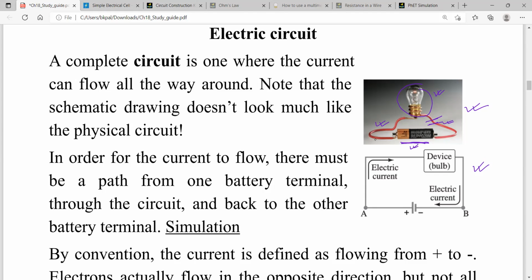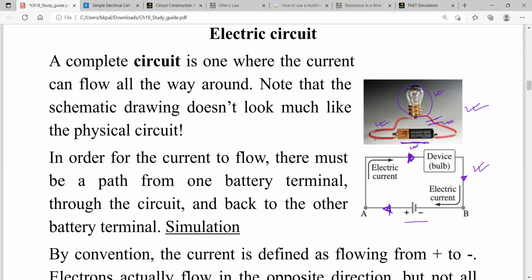So here you see that battery symbol. In the last chapter we discussed the battery symbol. It is two unequal parallel lines. The bigger one is for the positive terminal or the large potential, and the small one is for the negative terminal or the small potential. The direction of the current starts from here, so it should go in this direction. It starts from the positive terminal.